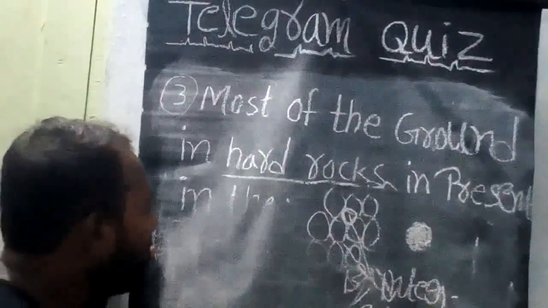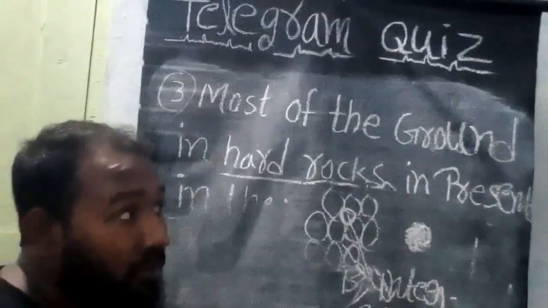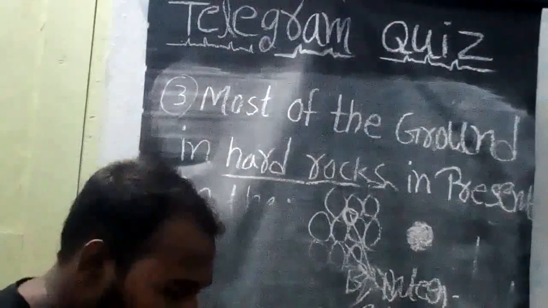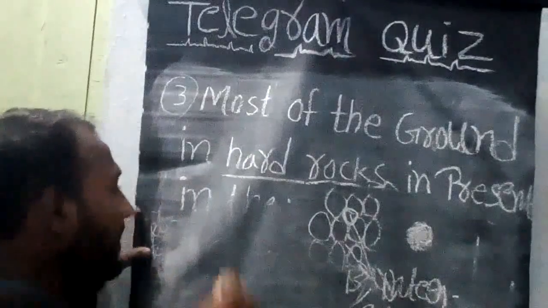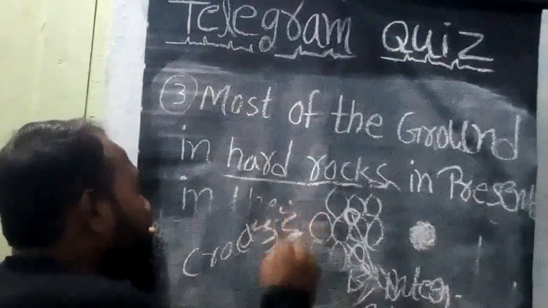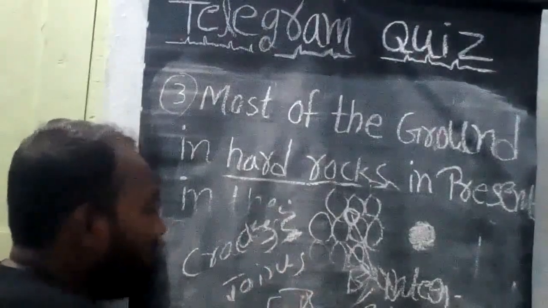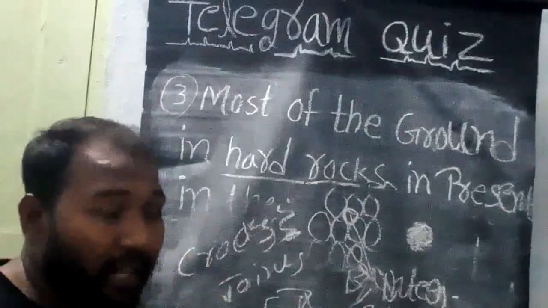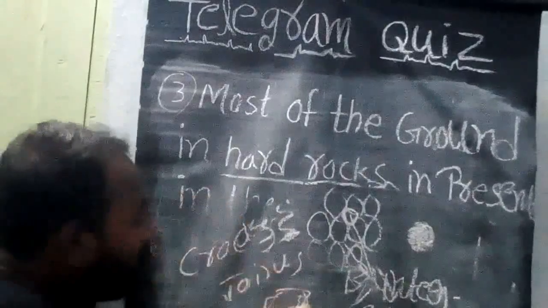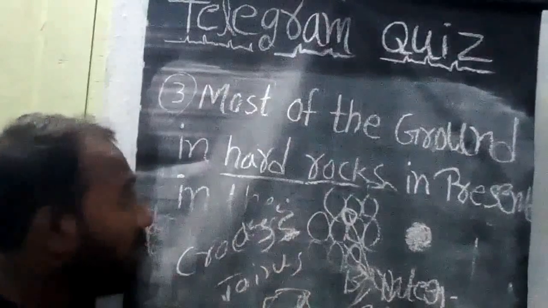If there is weathering or exfoliation in granite, there are cracks and joints because of continuous heat and cool cycles.